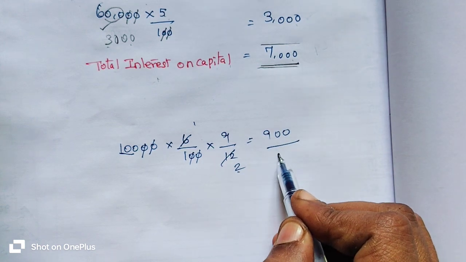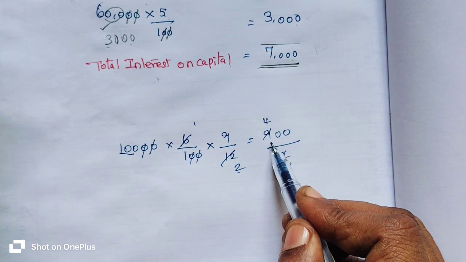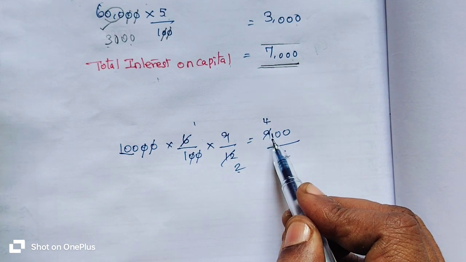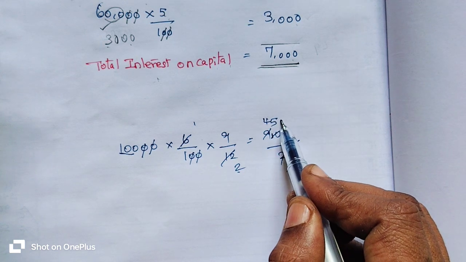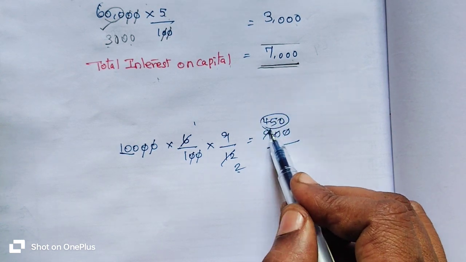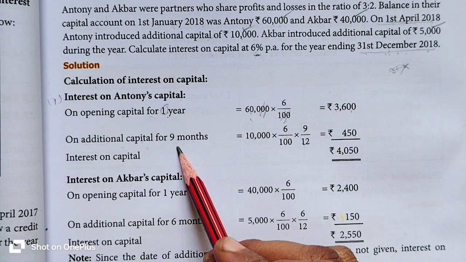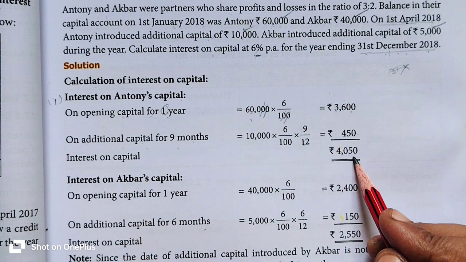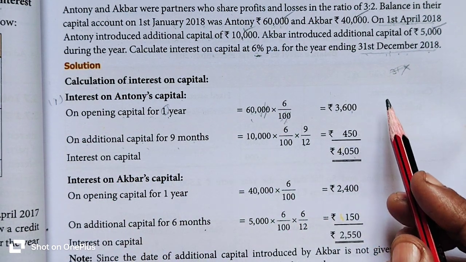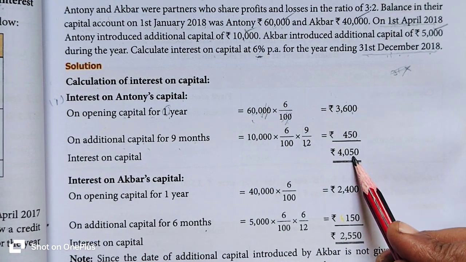This 2 is divided here. 1 2 is 2, 4 2s are 8, remaining 1. 5 2s are 10, this 0 is to be here. So 450 rupees. So Anthony's additional capital for 9 months is 450 rupees. Now the total interest on capital for Anthony is 3,600 plus 450, 4,050 rupees.